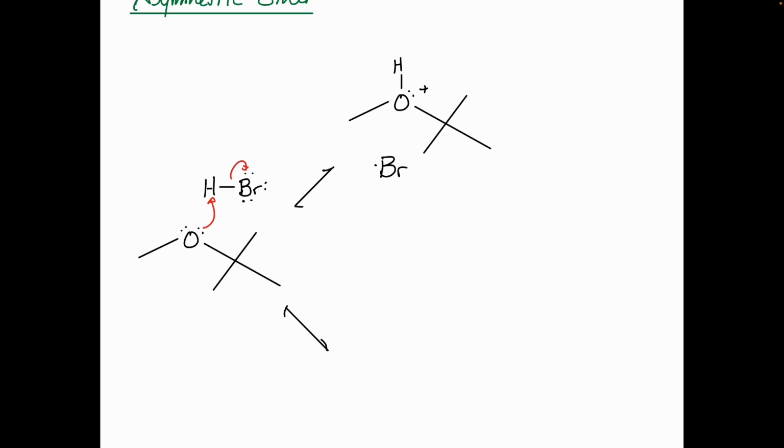We have our bromide. All right, but the question is which one of these carbons is my bromide going to attack? Because I would get a different product depending on which one, right?